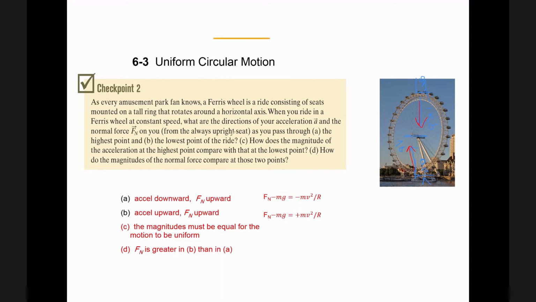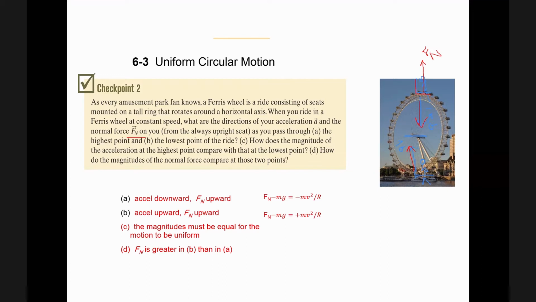Okay. What are the directions of your acceleration and the normal force? Normal force? What we said, normal force needs a surface. So the man is sitting on the chair, so the chair will apply a normal force. Which direction when he's in the up situation? Up.